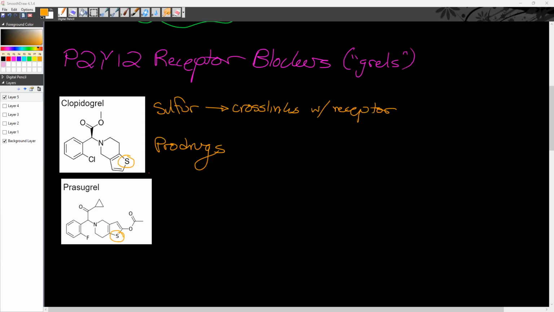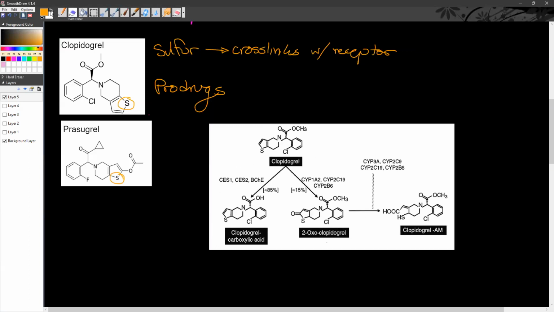So, for example, in the case of clopidogrel, in order for it to do what we want, we need to get this sulfur to be taken out of the ring. How it does that is it goes through one of the enzymes, and that enzyme is going to enable us to break the ring. And that's going to create an SH group, the thiol group.